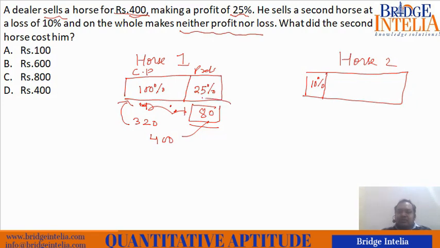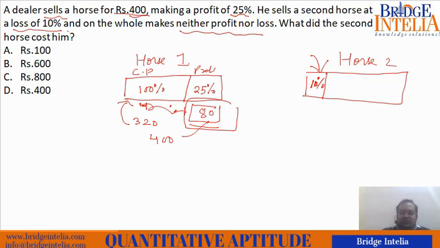The amount that he gains here is exactly equal to the amount he lost here. He lost 10% of the investment he made on the second horse, because it is said that by selling the second horse he is incurring a loss of 10%. So whatever he gains by selling the first horse, he loses the exact same amount by selling the second horse.